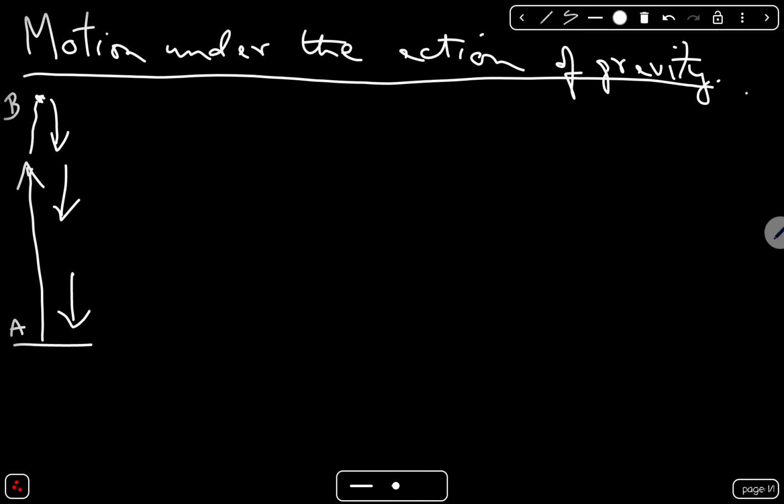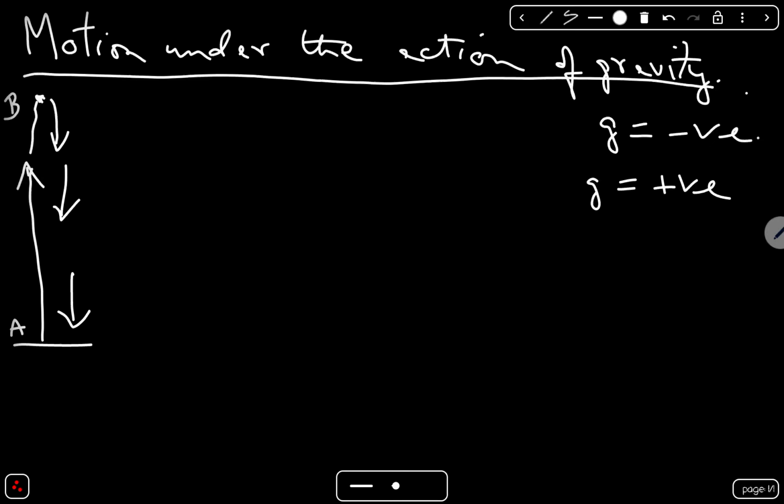So the value of g will be negative when the body is going up, and the value of g will be positive when the body is coming down, that is in the direction of gravity. Hence, when the body is going up there will be retardation, and when the body is coming down, the body will undergo acceleration. So that is what you have to remember before we do this.